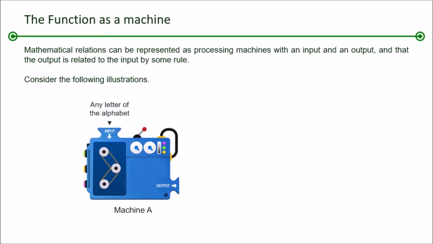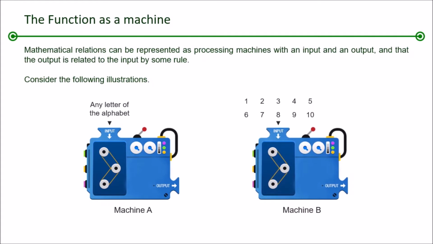Let's consider another machine. This time, machine B, which accepts the numbers 1 to 10 as inputs. Now let's see what machine B does. Machine B makes use of this spin wheel to make a selection of these numbers. Let's give it a spin. When the number 10 is selected, machine B produces the output 100.